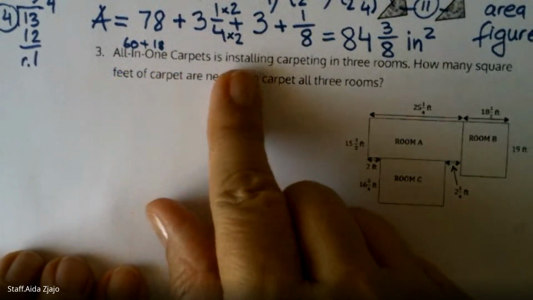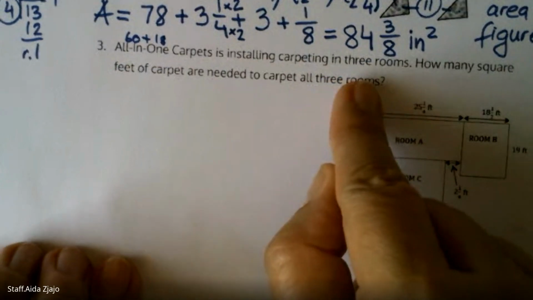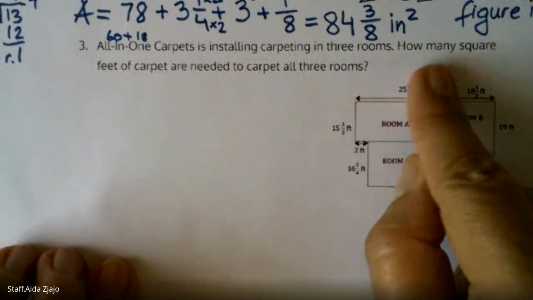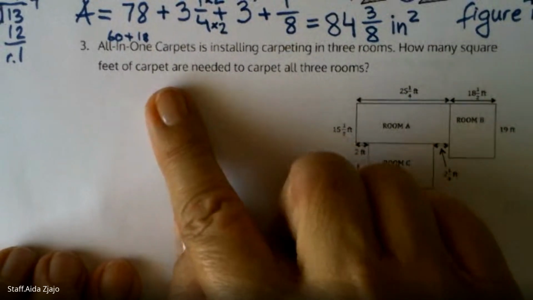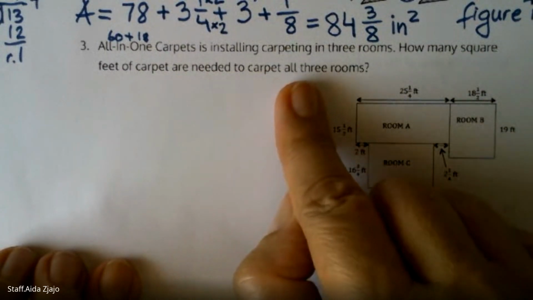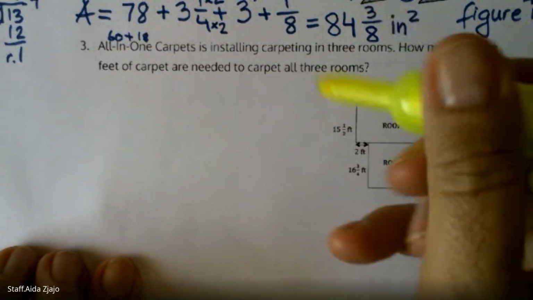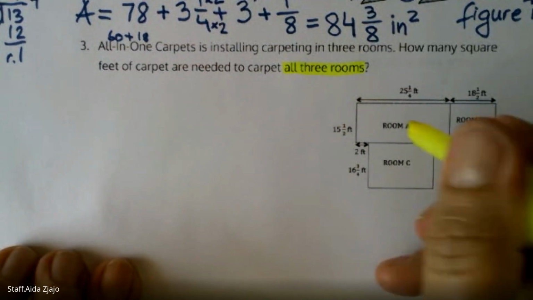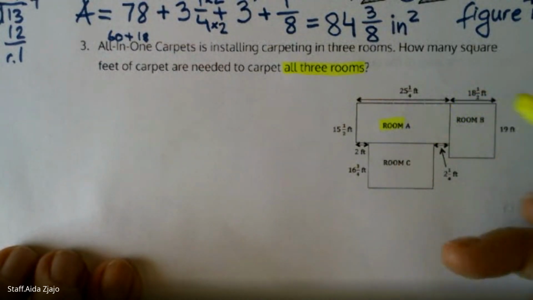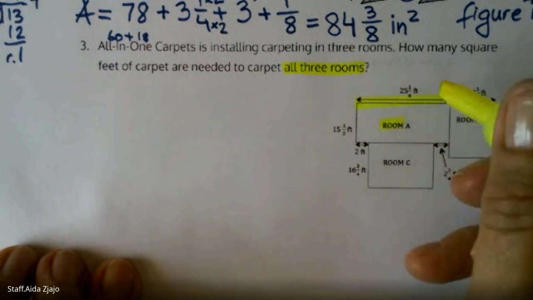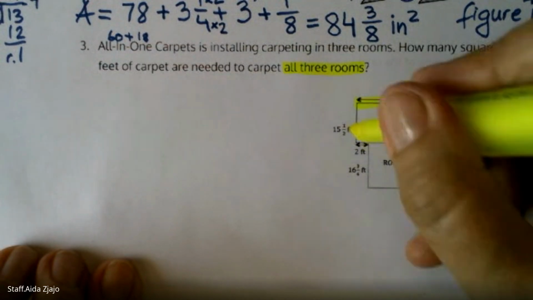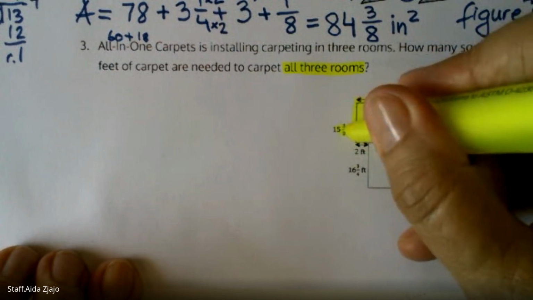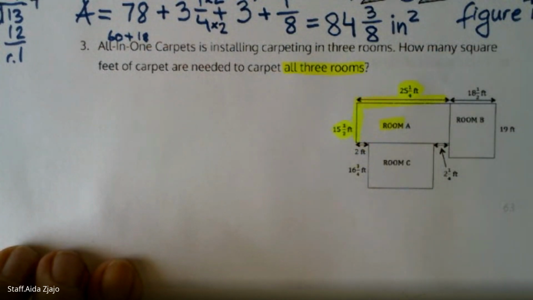All-in-One Carpets is installing carpeting in 3 rooms. How many square feet of carpet are needed to carpet all 3 rooms? All 3 rooms. So room A is 25 1/4 by 15.5.